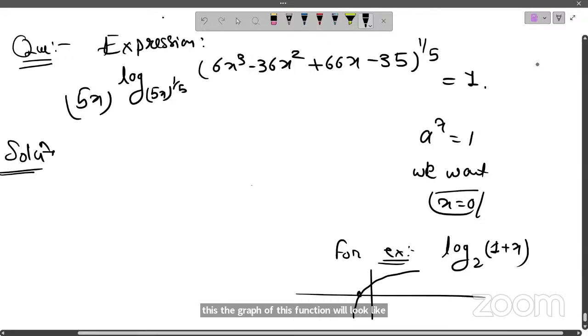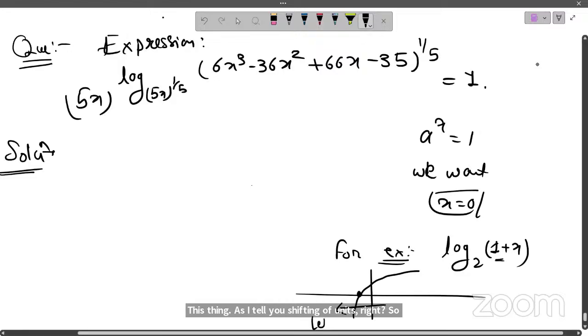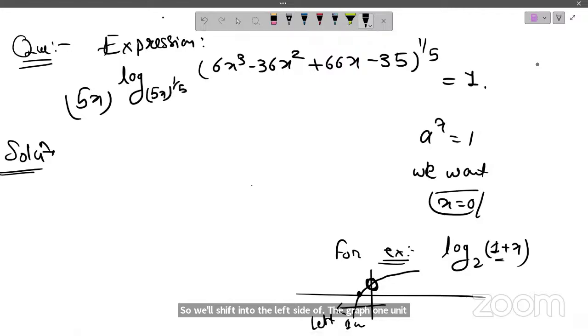As I told you about shifting of units, we are adding 1 unit here, so we shift the graph 1 unit to the left side. So here this function attains the value 0. So you cannot just imply that log base 5 of x is equal to 1 by 5, it won't equal 0. This is something else. This expression will play a key role here. You got my point?